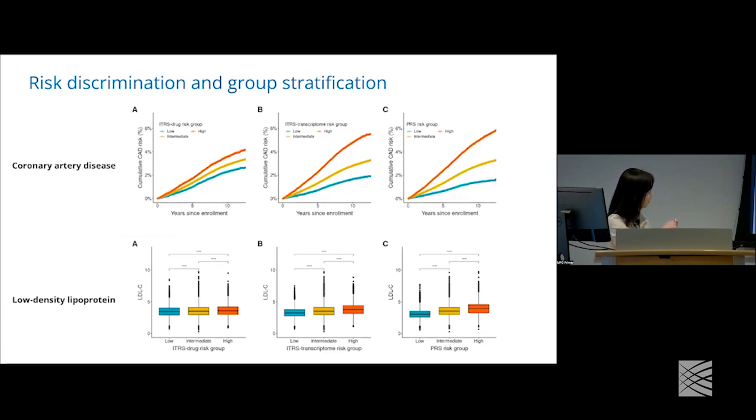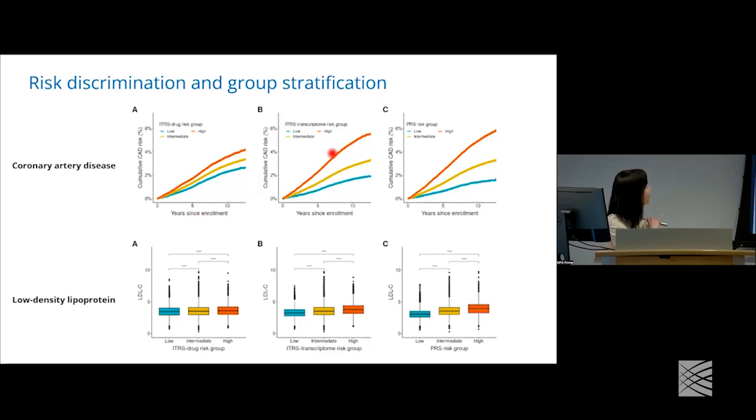So for disease phenotypes, we divided the sample into three different groups. The blue line here represents the lowest risk group, which consists of individuals in the lowest 10% of the risk score distribution.